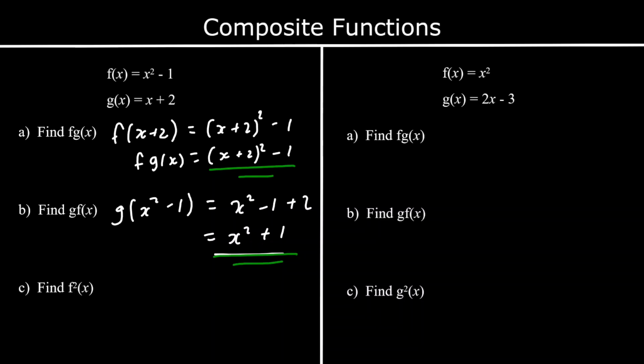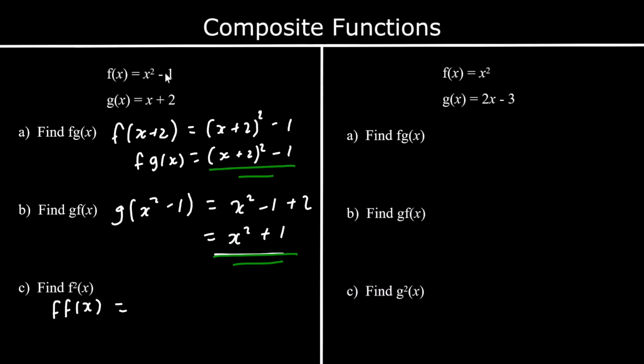And part C says f squared, which is the same as ff of x. So we're putting f of x into f of x. So we're doing the f function 2 times. We put the input in, get out the output, and then put that in again and get the output out the second time.